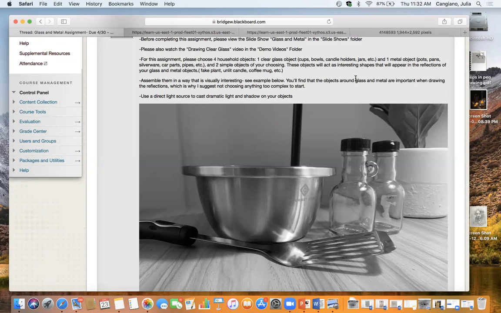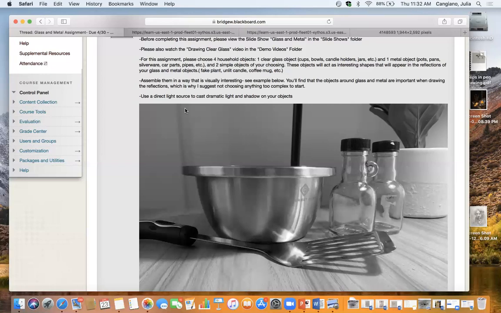I think I had a couple of suggestions, like a simple fake plant, an unlit candle that's tall and maybe a darker value, a coffee mug, just anything that you have hanging around that you think would make an interesting counter object in your setup.